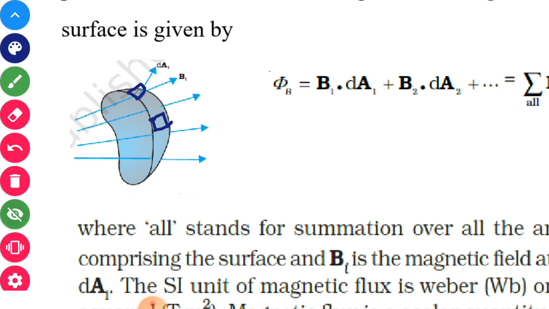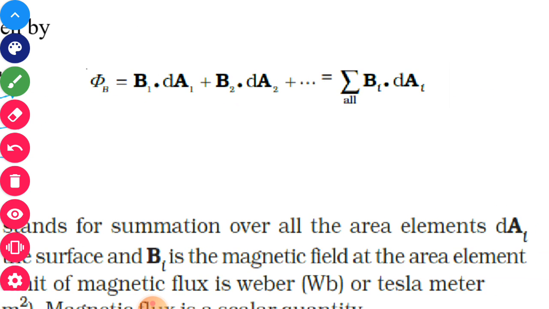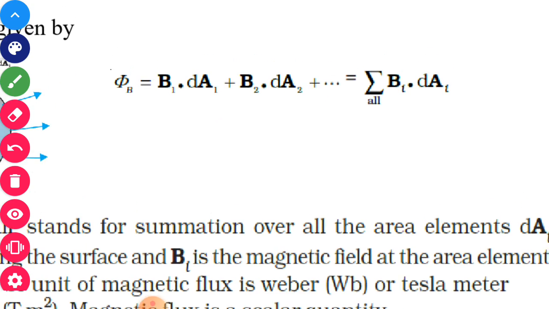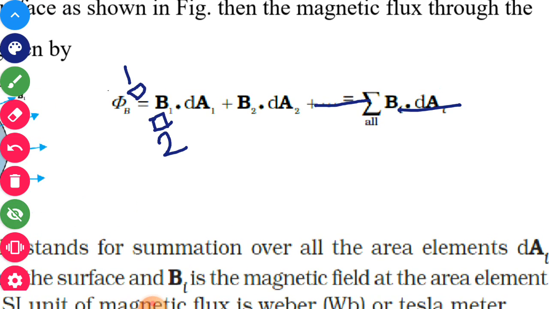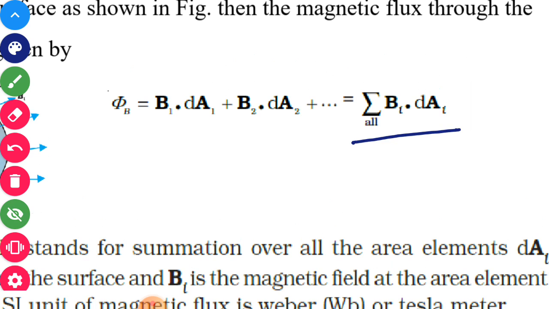So for the first area, for example, the flux is B1 dA1, where B1 is the magnetic field at this first segment. This is a second segment where the magnetic field is B2 and the area element is dA2, and so on. If you take the summation over the entire surface, you will get the total flux, sigma over all the small area elements, Bi dAi.